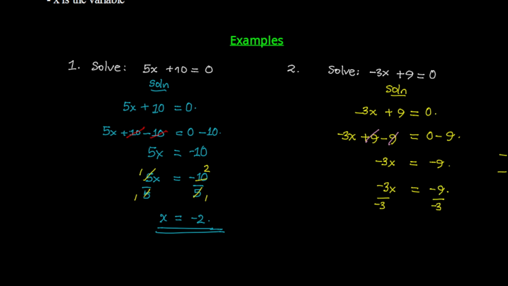The 3 cancels with this 3, and negative 9 divided by negative 3 is positive 3. And then we write our final answer: x equals 3. Very easy, right?